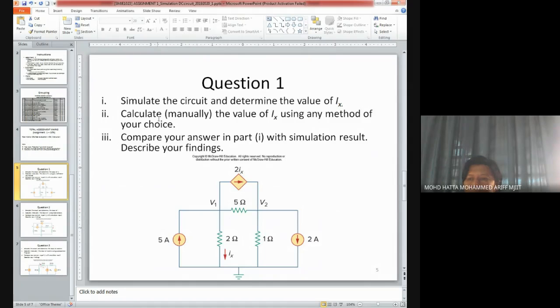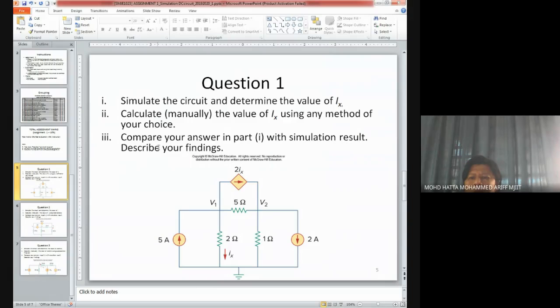And at the end of your answer, you also need to compare your finding: compare the answer given by simulation as well as the answer given by manual calculation.